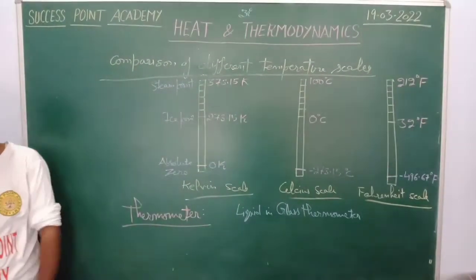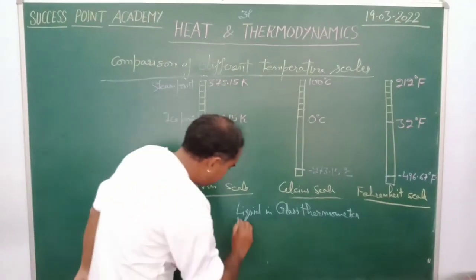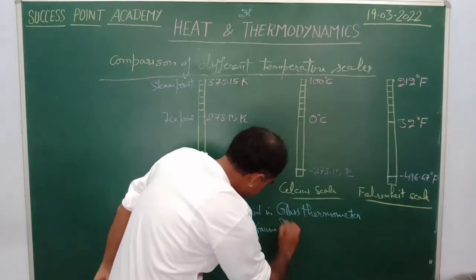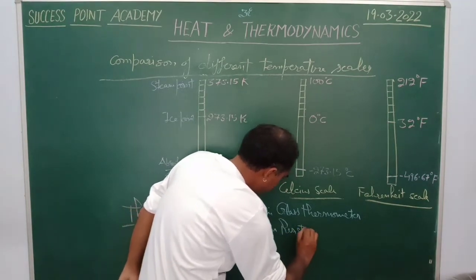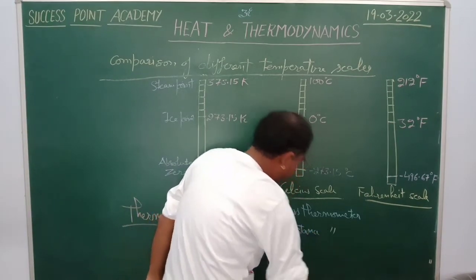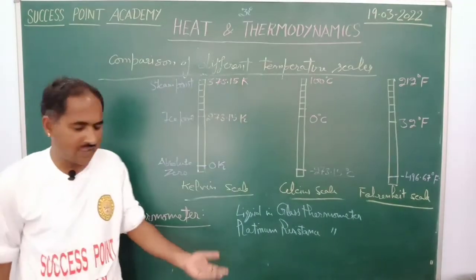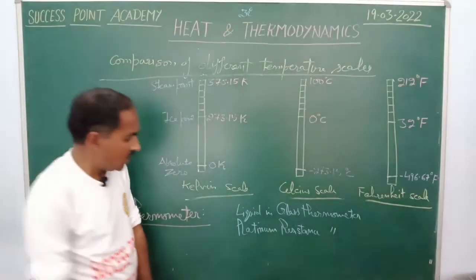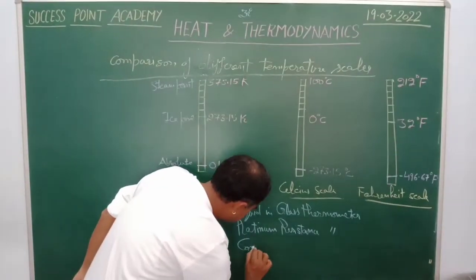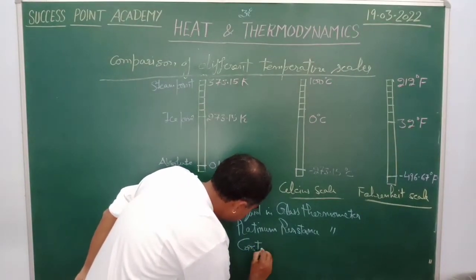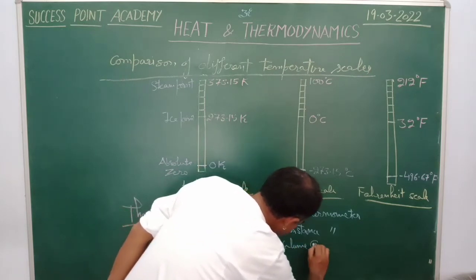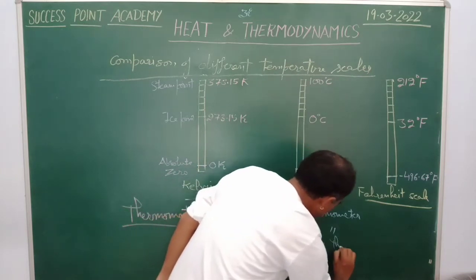Then we have the platinum resistance thermometer. This is also a kind of thermometer. And next we have the constant volume gas thermometer.